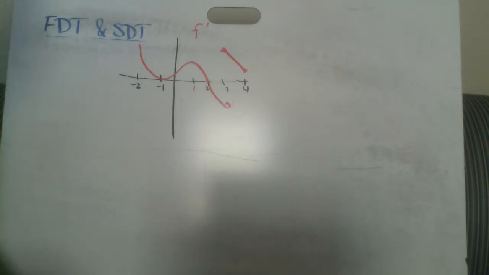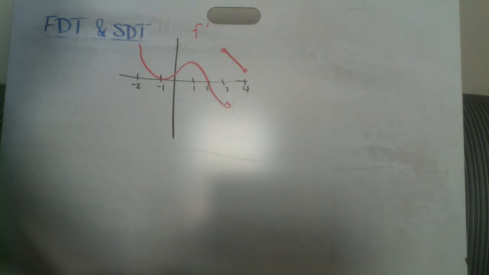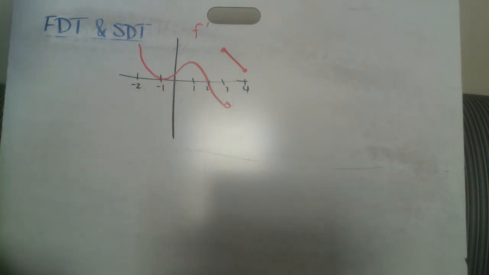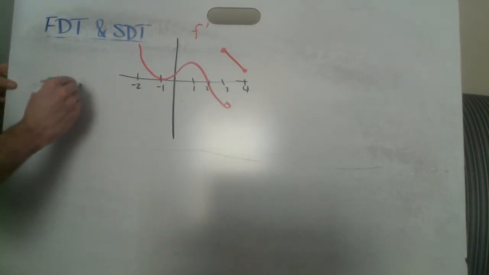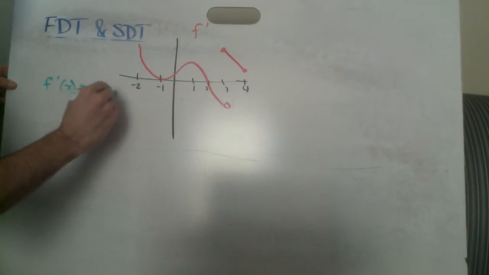And the questions are, where are my maxes, where are my mins, where am I increasing, where am I decreasing, where am I concave up, where am I concave down? Same exact questions as before. So there are a few ways that you can do this. What I'll say is, we'll start with everything that the first derivative tells us. So we recall that if f prime is positive, f is increasing.